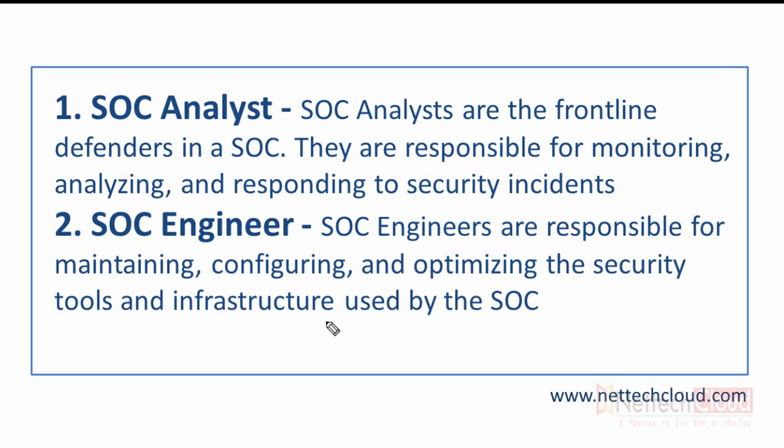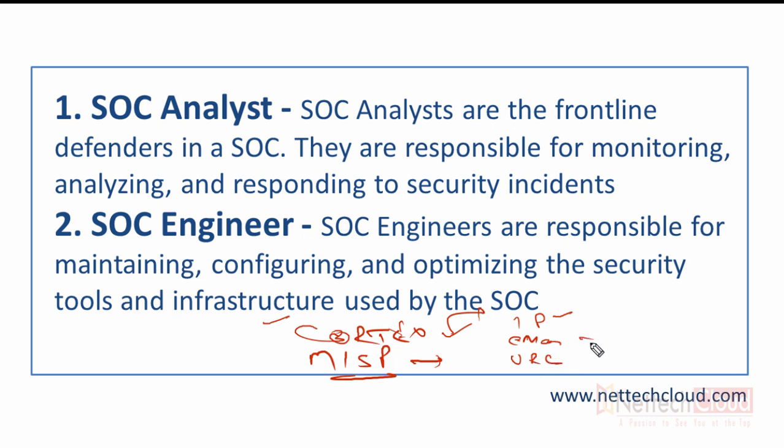Open source tools like Cortex, free and open source, of course, and MISP, the Malware Information Sharing Platform. Cortex is another tool wherein we can check whether an IP is blacklisted or not. Email addresses we can verify, and URLs, domain names, files, hashes can be analyzed with Cortex, right?